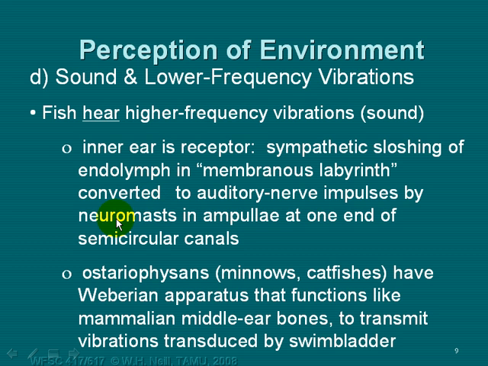These things are called neuromasts, and they're concentrated in these little swellings called ampullae at the ends of the semicircular canals. The ampullae of Lorenzini are related in elasmobranchs. So the inner ear looks a lot like the human inner ear and works about the same way.